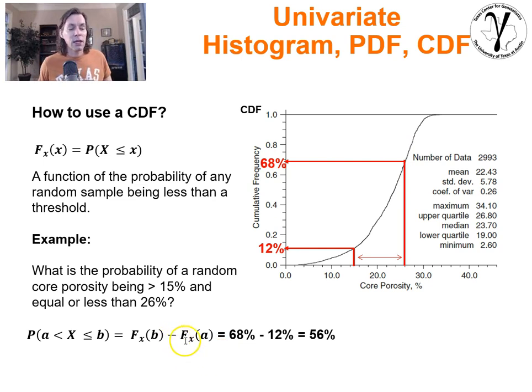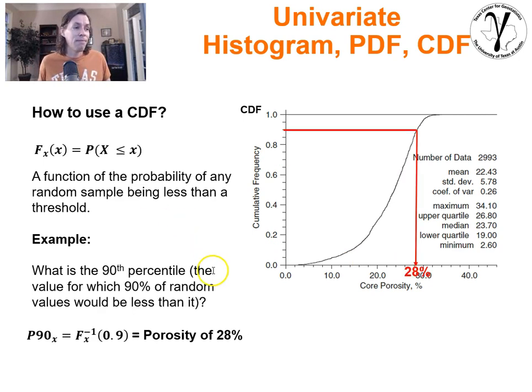And we subtract from it the cumulative probability of the lower bound, which was 15%. Put 15% in here, we come across, we get 12%. 68 minus 12% is equal to 56% probability of being between those values of 15% and 26%. And so that's very powerful. We're able to work out these probabilities of being within an interval.